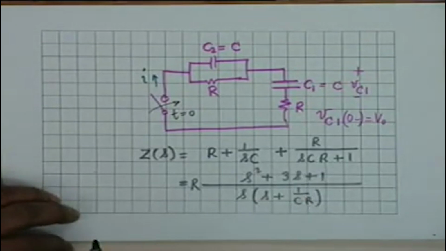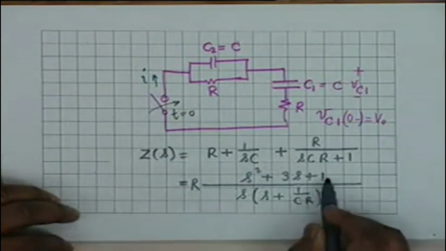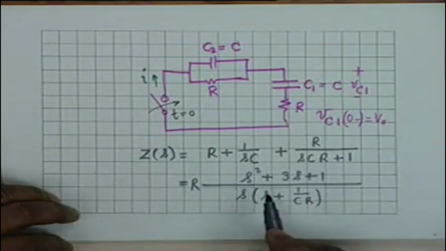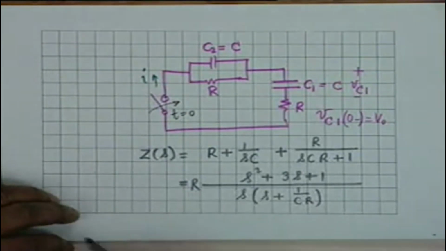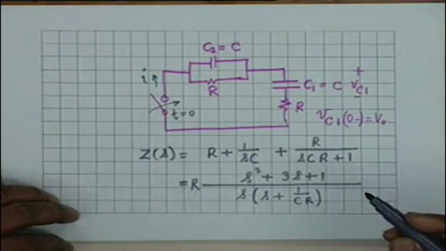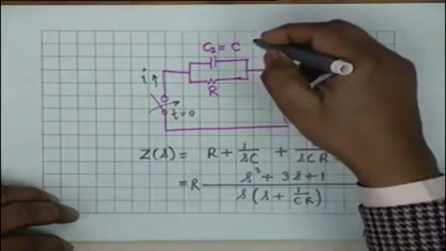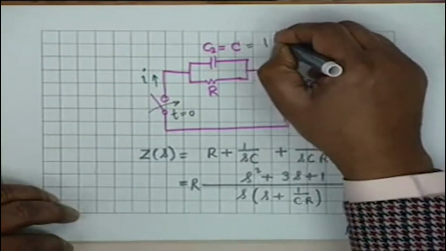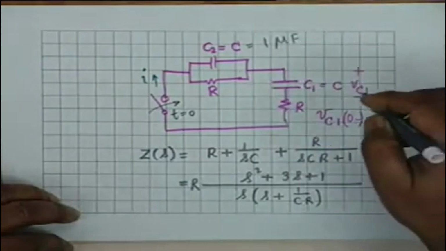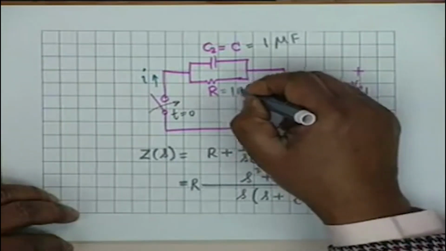Alright? And since I am trying to find the natural current response, I have assumed values. I have assumed that C is 1 microfarad and R is equal to 1 meg.